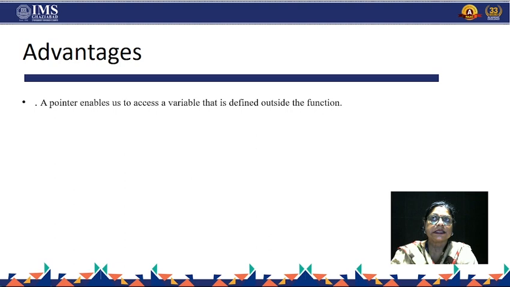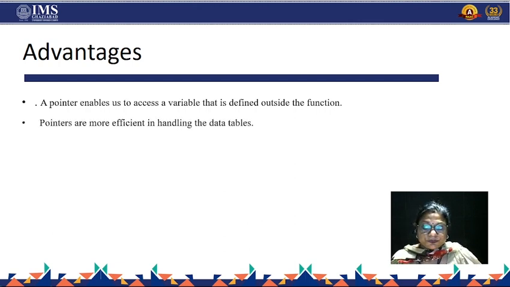As we know, the life of a local variable is within the function itself. If we are using another function where I want to access that variable, that cannot be done. But with the help of a pointer, we can access the variable outside the function also.